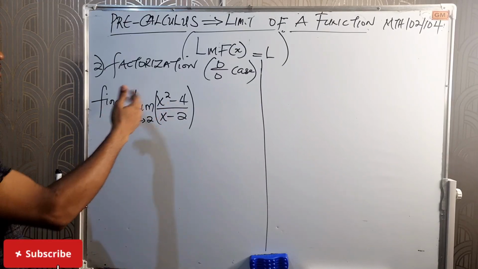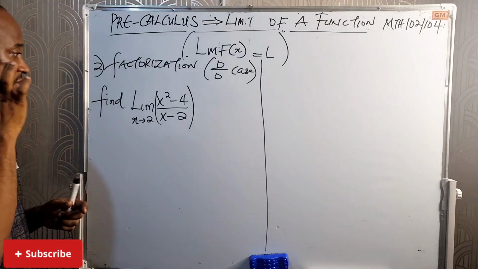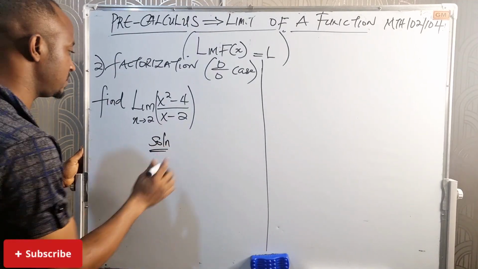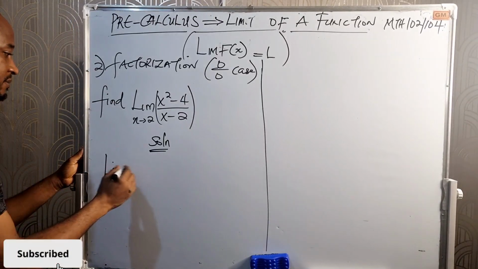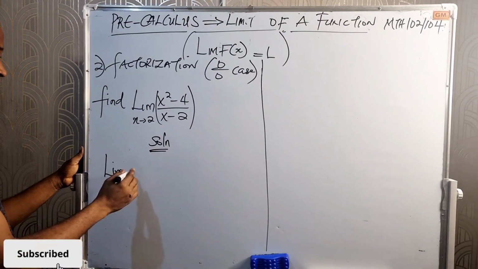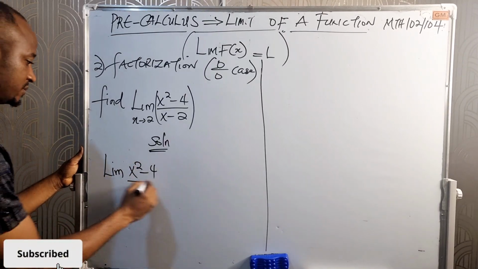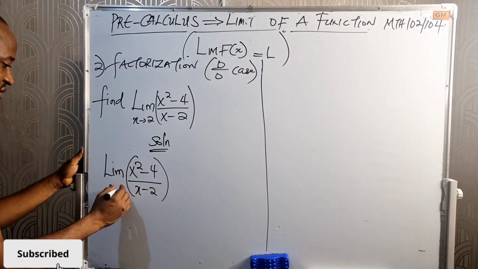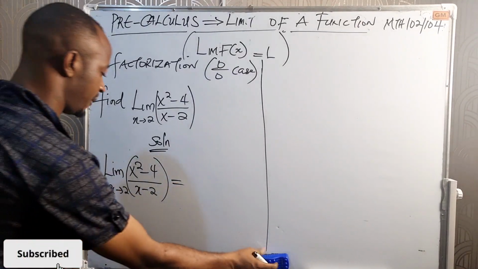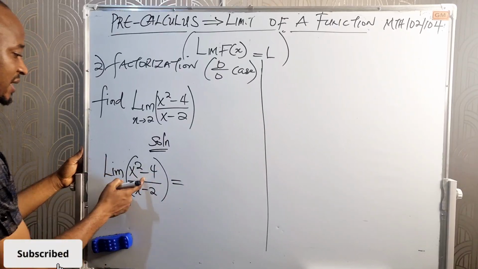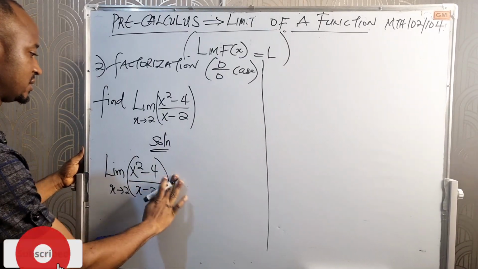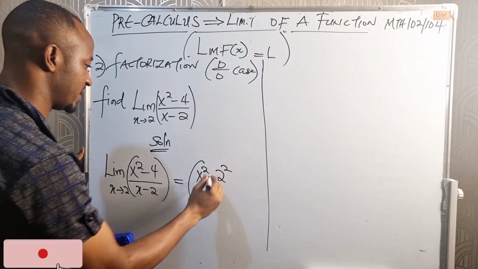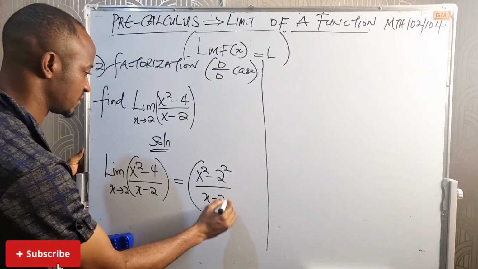Then when you factorize the numerator, we can cancel out some similar terms. Let's see what we'll have at the end. The limit of x squared minus 4 over x minus 2 as x approaches 2 is going to be, we factorize this as x squared minus 2 squared divided by x minus 2.